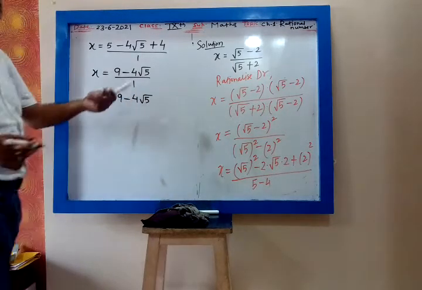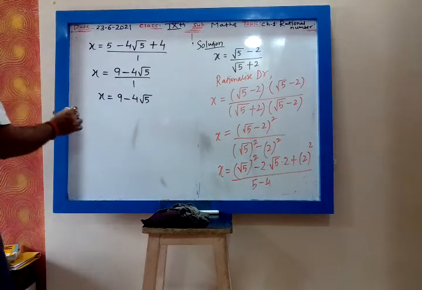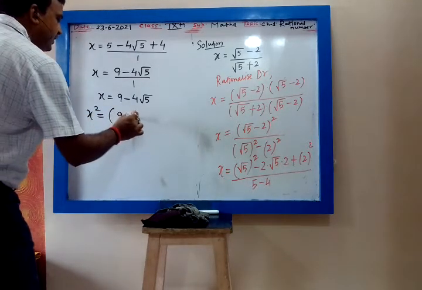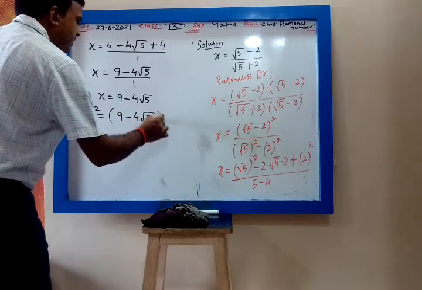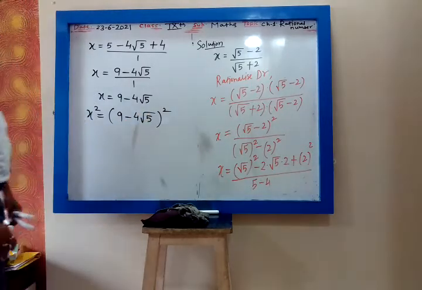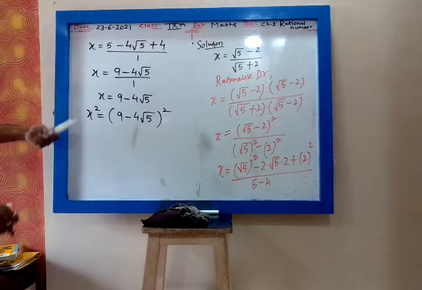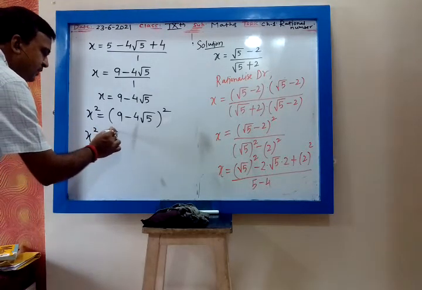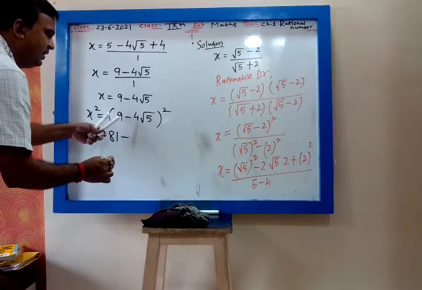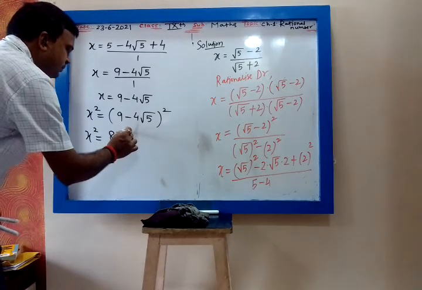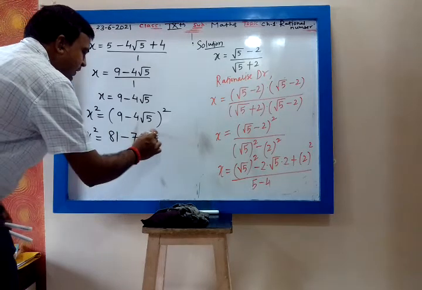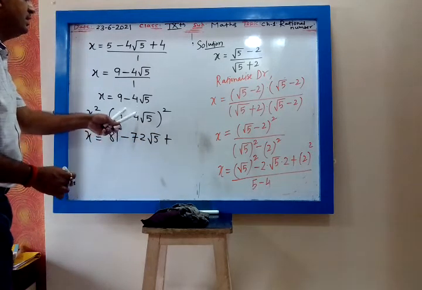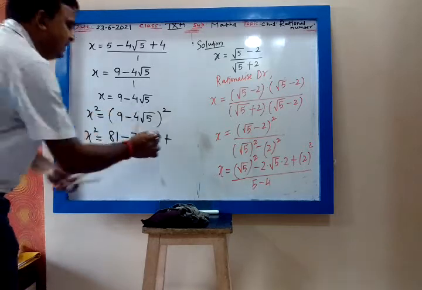Now you can square, because there is only a numerator. So x square will be 9 minus 4 root 5 whole square. Now simplify. x square will be a square, 81, minus 2 into 9, 18, 18 4s are 72, 72 root 5, plus 4 root 5 square, 4 4s are 16, 16 5s are 80.